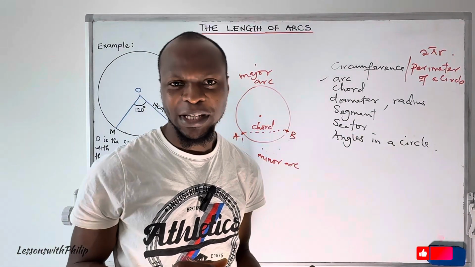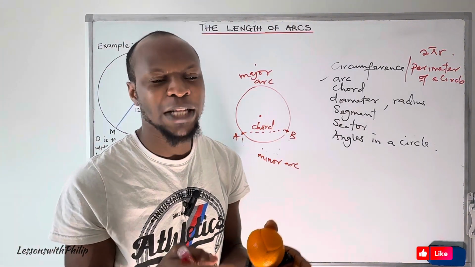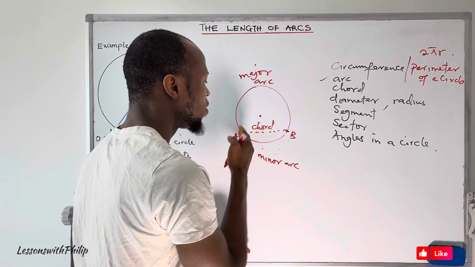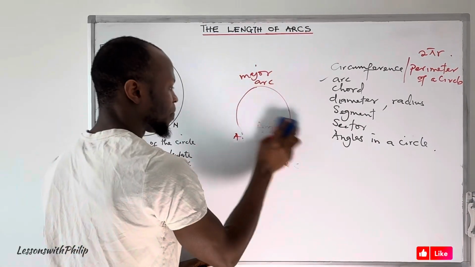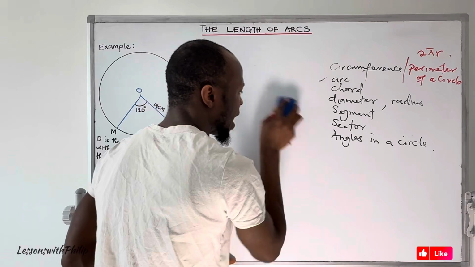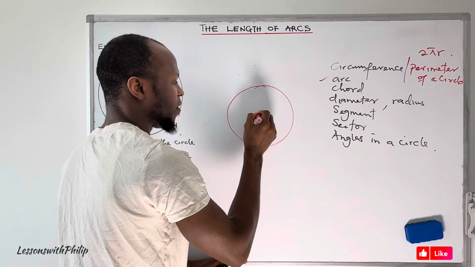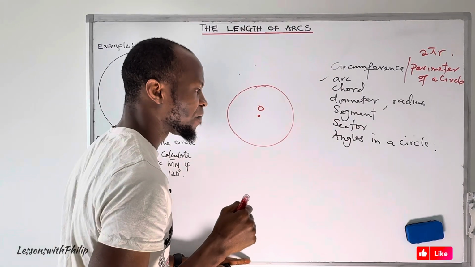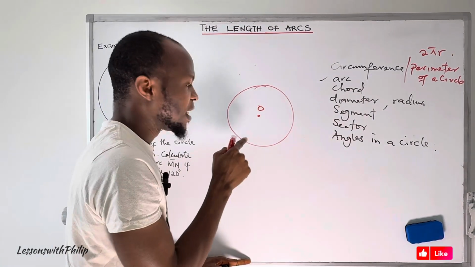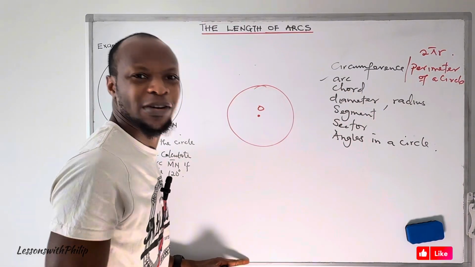What about radius? A radius is a line that starts from the center of a circle and touches any part of the circumference of a circle. A radius is any line that comes from the center of a circle. If this is the center of a circle, a radius is a line that starts from the center and touches a point on the circumference.